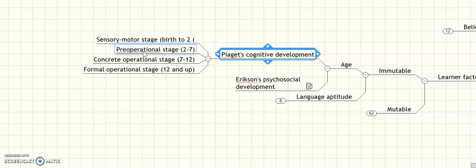And then we also have English, for example, for the elementary school, ranging from age 7 to 12. So at the concrete operational stage. And then for the high schools, at the formal operational stage. Let us focus on the concrete operational stage and formal operational stage.